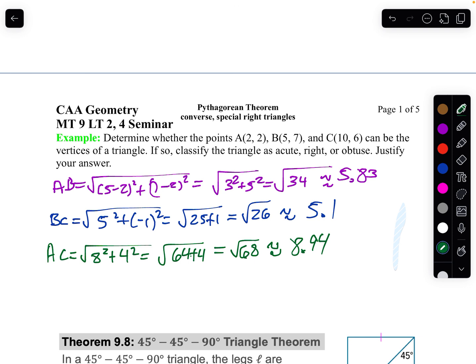Well, notice if I add up my two shorter ones, 5.83 plus 5.1, it's bigger than 8.94. So I have a triangle. Now, to find my triangle type, I'm going to compare C squared, my biggest side, with A squared plus B squared.